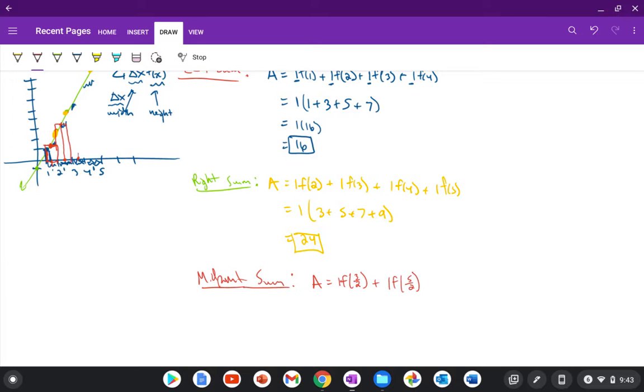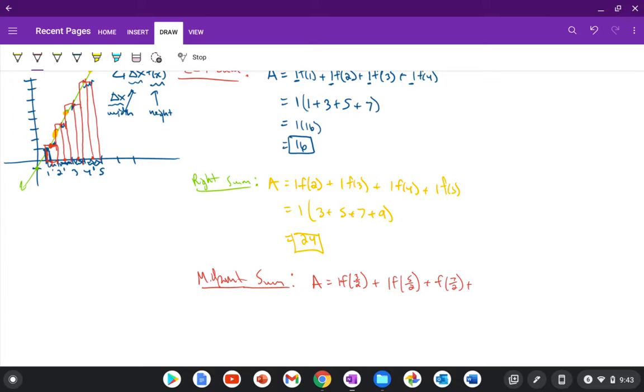My next one will be in the middle between 3 and 4, so it goes up, over, and down. And then that's going to be f of 7/2, 3.5. And then my last one between 4 and 5, so it goes up there and over. And you can see that one's probably going to give us actually the best approximation.